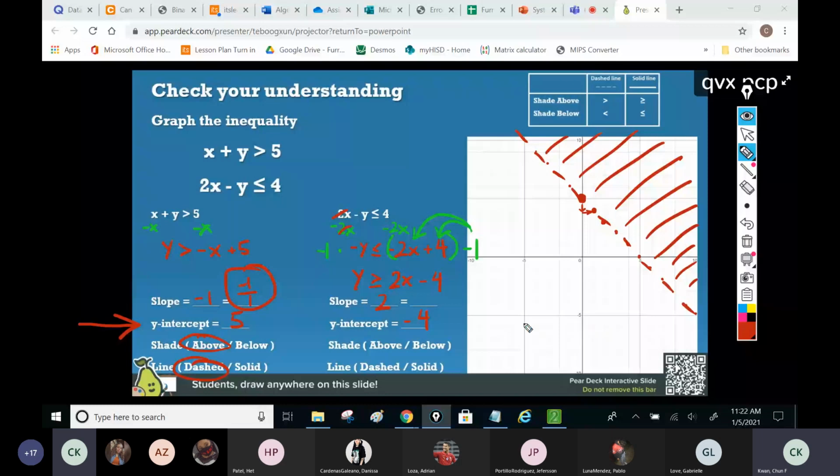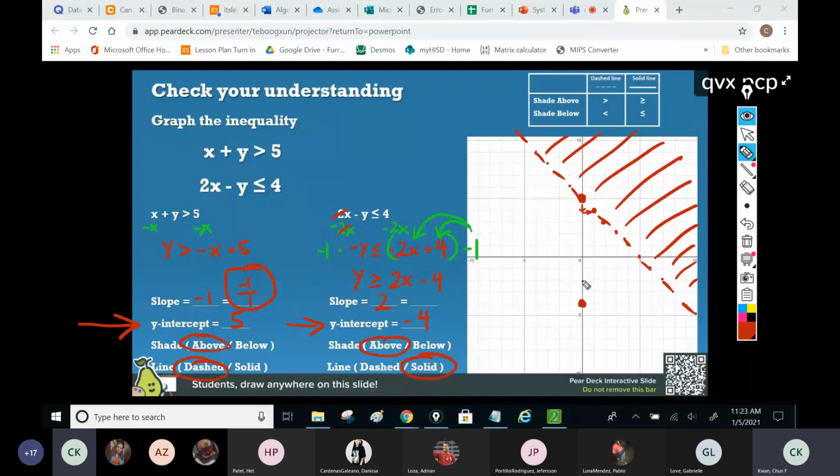All right, on the second inequality, this is a greater than or equal to. So I need to shade above and then a solid line. So start with the y-intercept at -4, which is right here. And then the slope is 2.